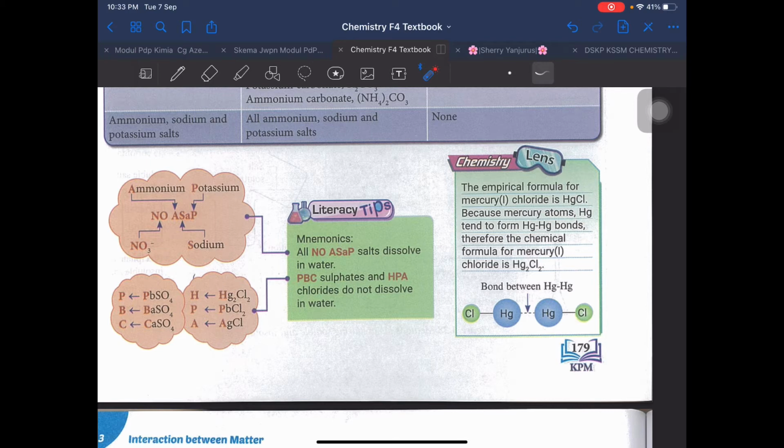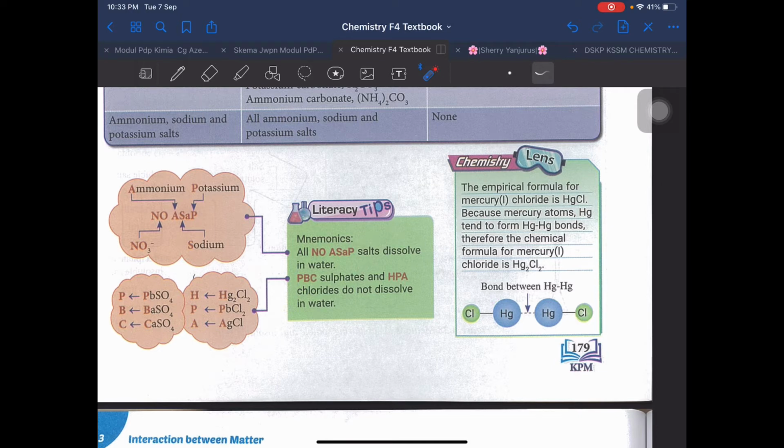What is ASAP? A for ammonium, S for sodium, and P for potassium. So NO ASAP. Asalkan you see this NO ASAP, all of them dissolve in water.